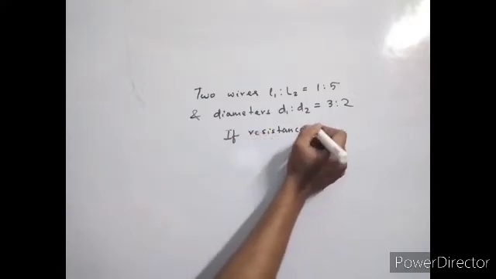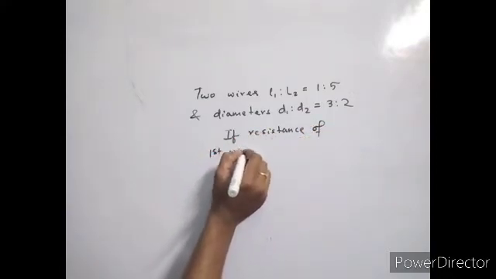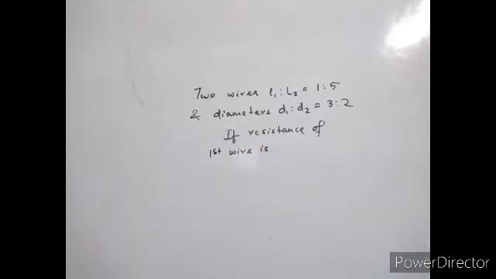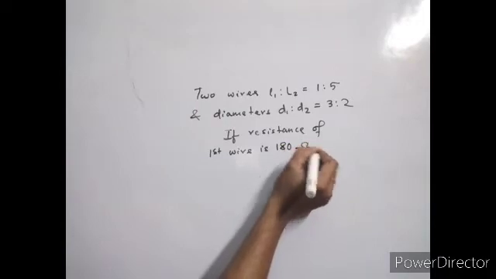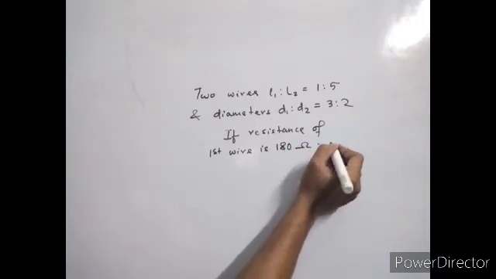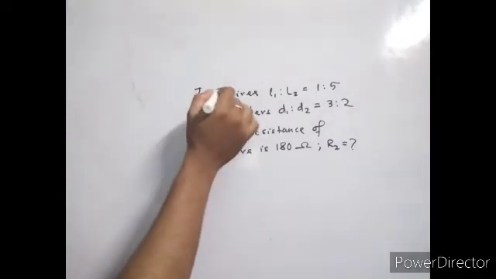If the resistance of the first wire is given to be equal to 180 ohms, then we just need to find the resistance of the second wire, that is R2.